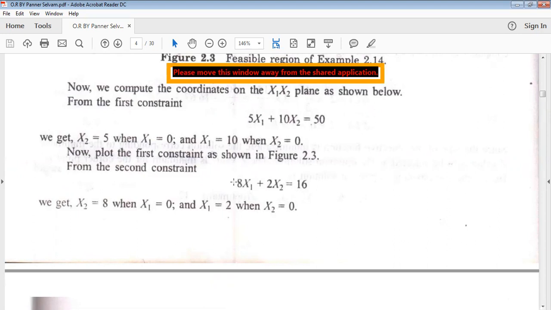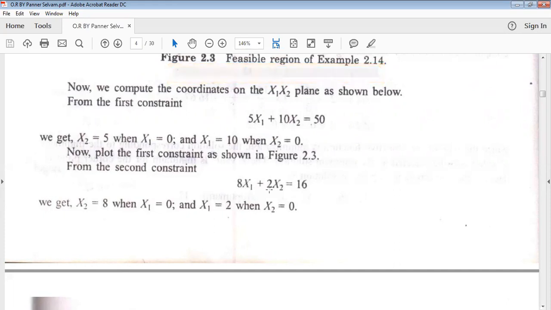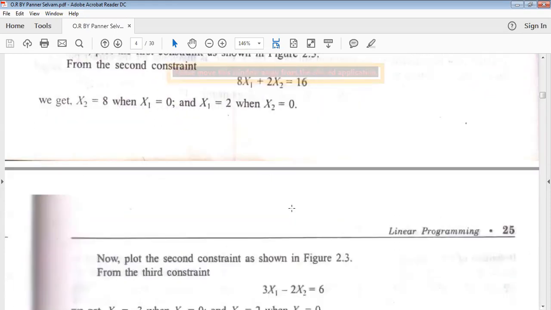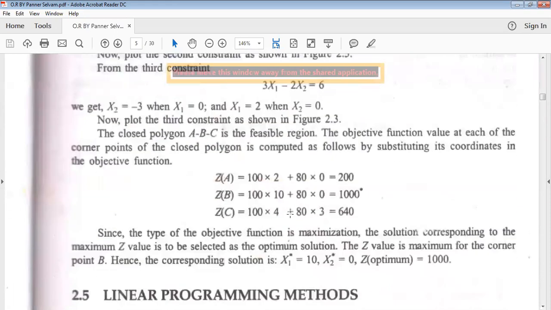And similarly, for the second constraint, if x2 is equal to 0, x1 is equal to 2. Like that, you got all the points that we have substituted and what we got on the graph. After that, you have to substitute.